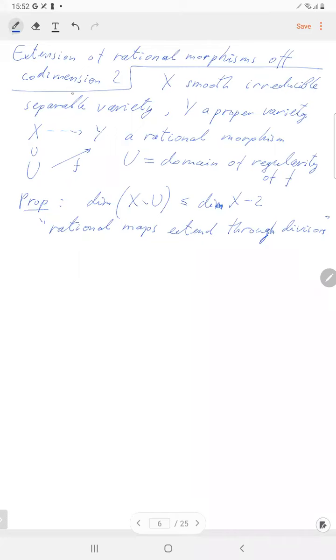That's what I claim. Understood. There is an open subset U, F is regular on this U, and the codimension of the complement is at least 2. Okay. So let's prove this.